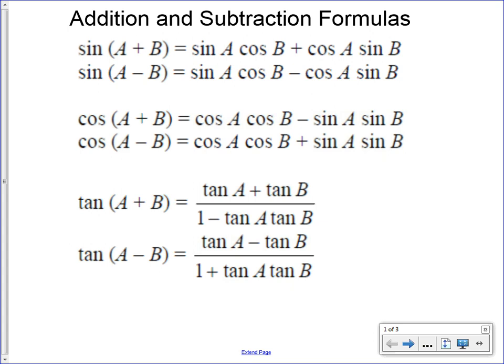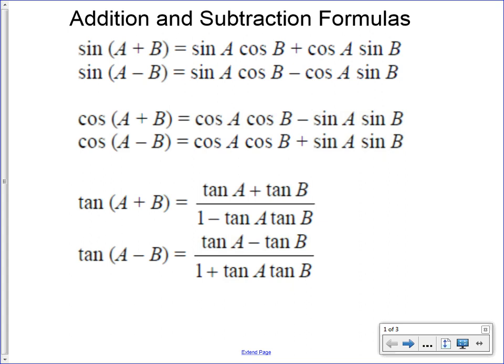So your addition and subtraction formulas help to extend your unit circle. So we are going to be revisiting the unit circle with this. The idea is you can find sine, cosine, or tangent of a sum or difference of angles.